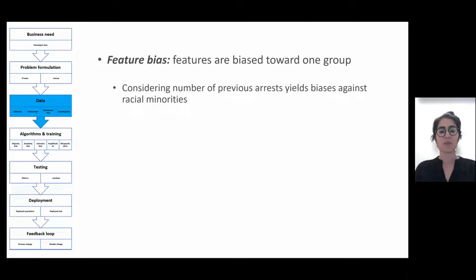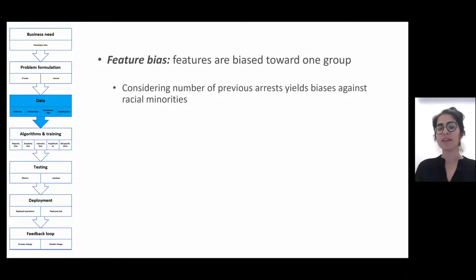The second bias that I want to talk about is feature bias. Feature bias means that even at the feature level, it's possible that the features are biased toward one group. Again, going back to a model that wants to predict if a person would reoffend or not.